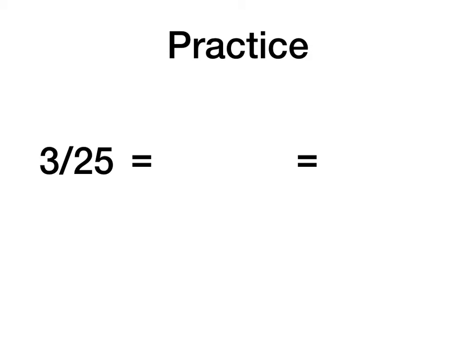So here's some practice for you. What I want you to do is pause the video and take this fraction, write the easier fraction with 100 as the denominator, and then take that fraction and write it as a decimal. So I'm going to give you the answer here in a moment, but before I do, make sure that you pause, that you find an answer.